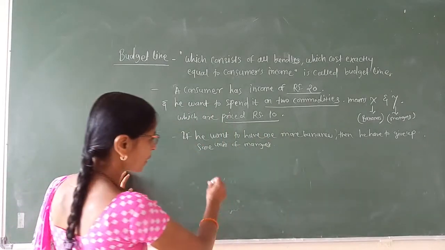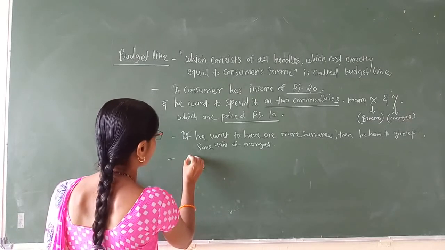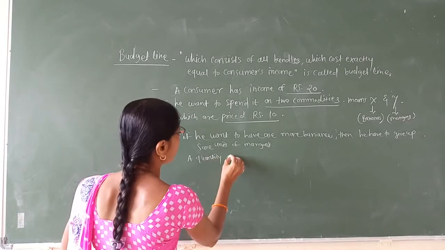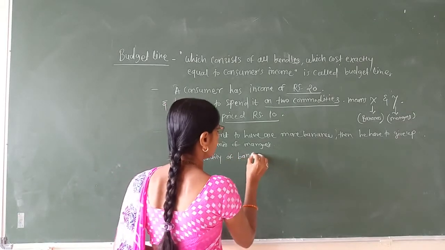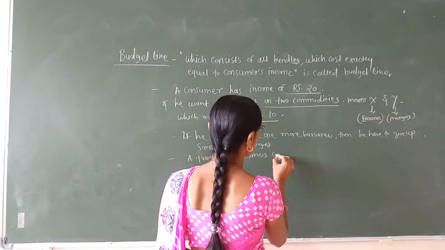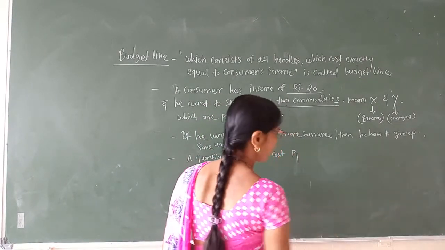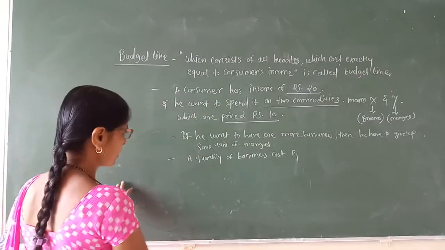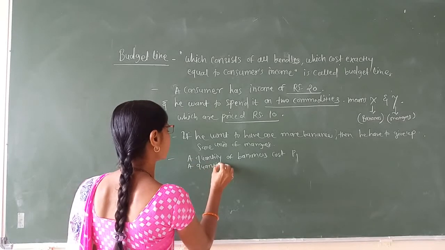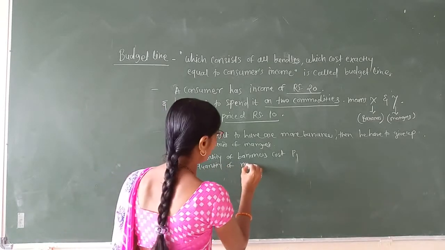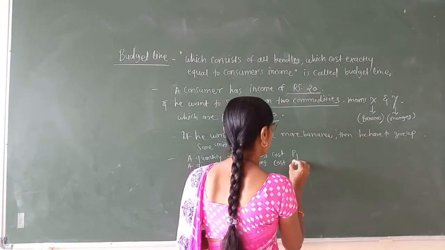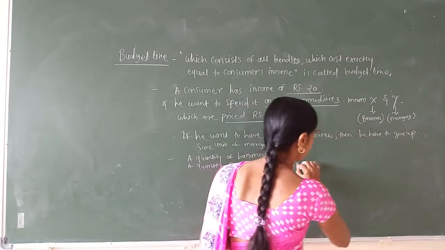Here the quantity of banana cost is P1 and the quantity of mango cost is P2.